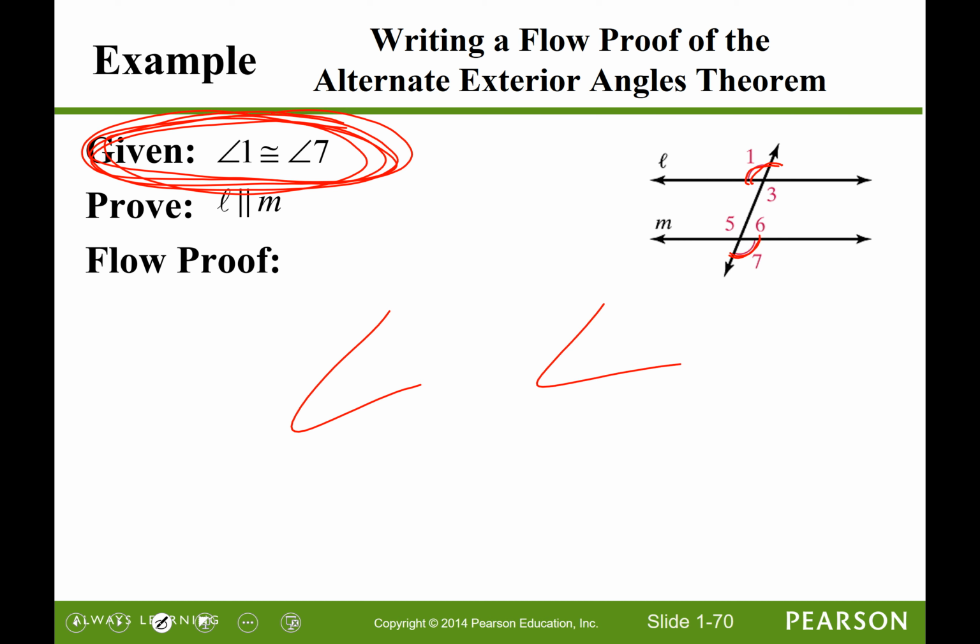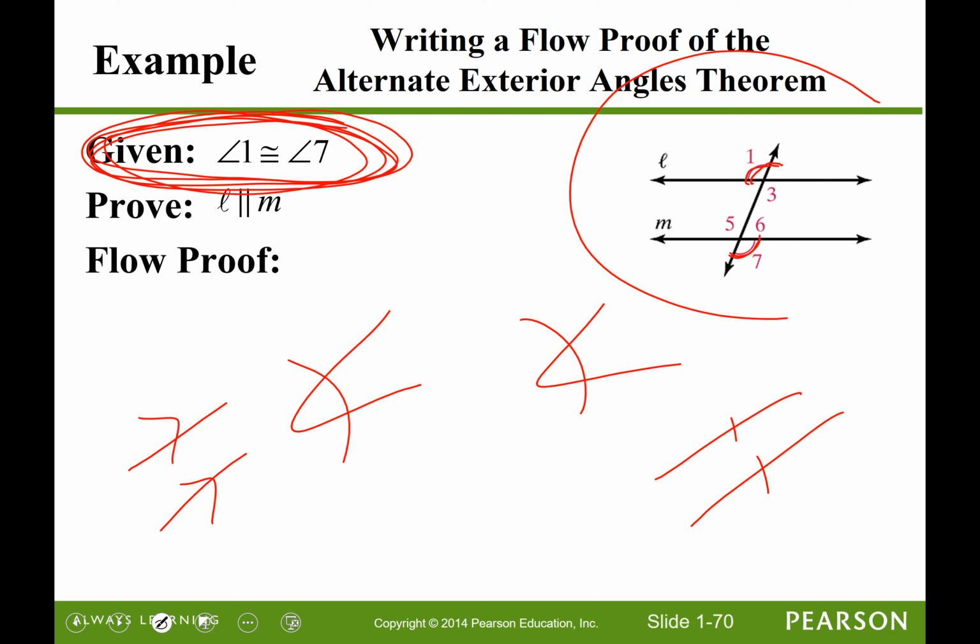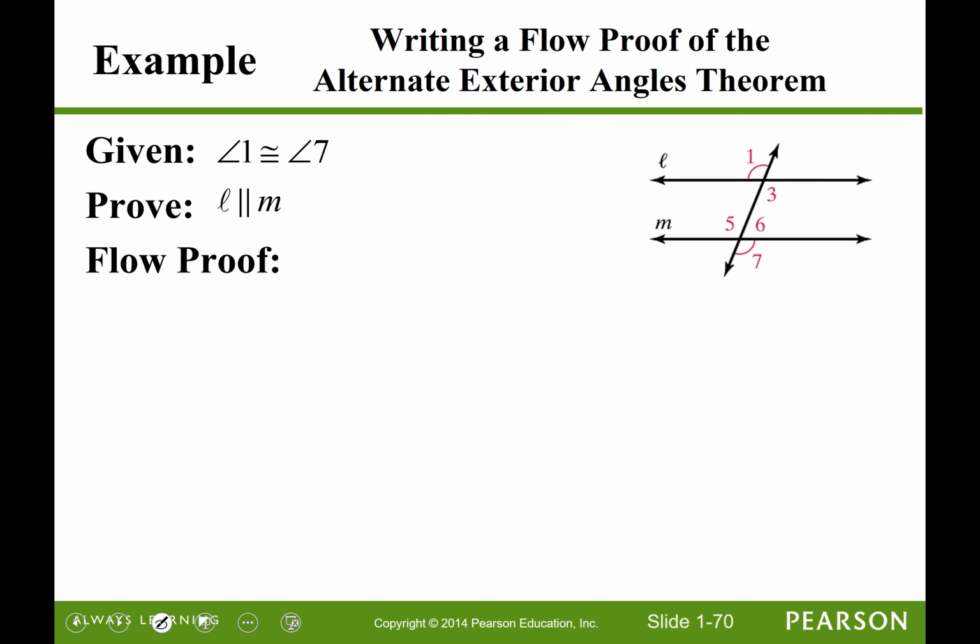So maybe it's congruent angles marking, maybe it's a congruent segment marking, maybe it's parallel lines marking. You want to add that on the figure so all of your information, you have a visual on it like this. All right, given that information, we are being asked to prove that line L is parallel to line M.